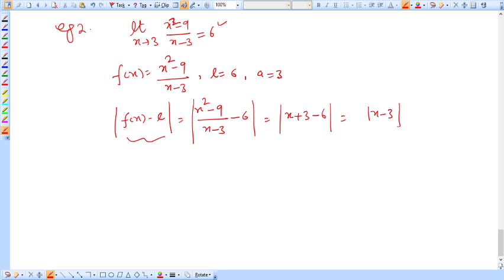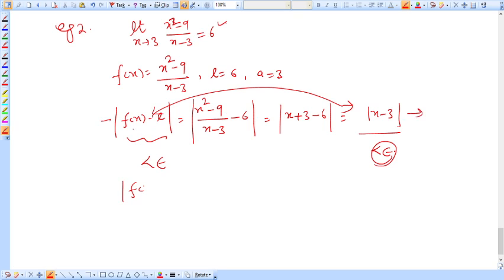So this thing is lesser than epsilon when this is lesser than epsilon. जैसे जैसे ये छोटा होता जाएगा वैसे वैसे ही ये भी छोटा होता जाएगा. So we can write f of x minus L is lesser than epsilon when x minus 3 is lesser than epsilon. So this epsilon is nothing but delta here.